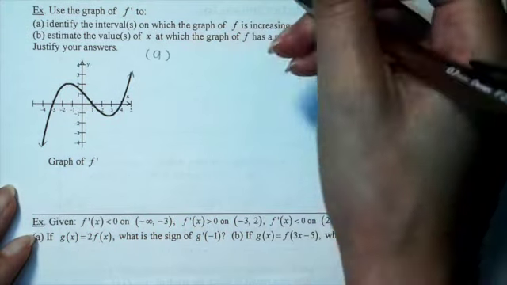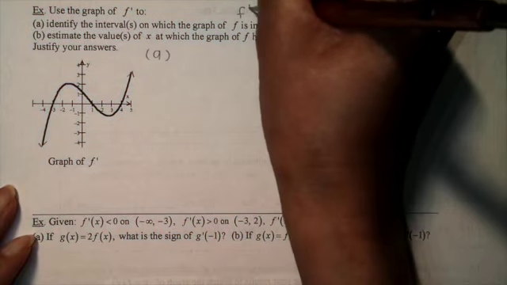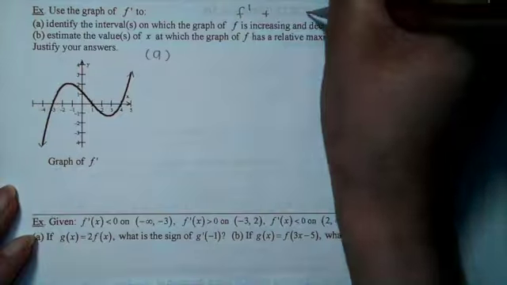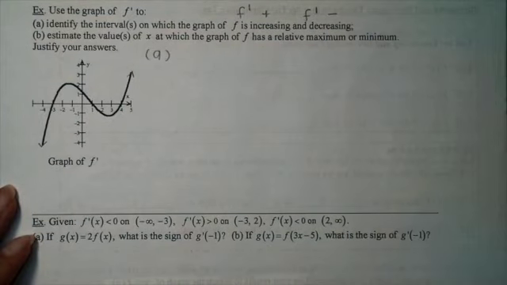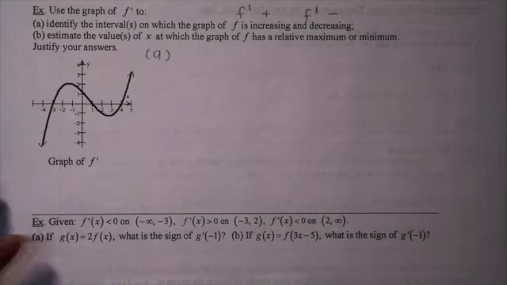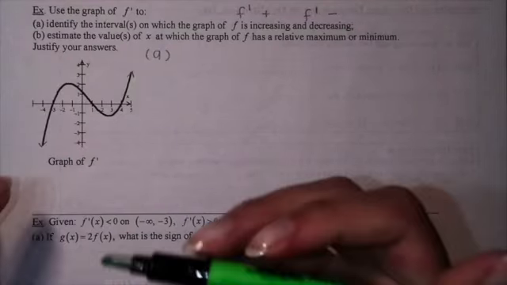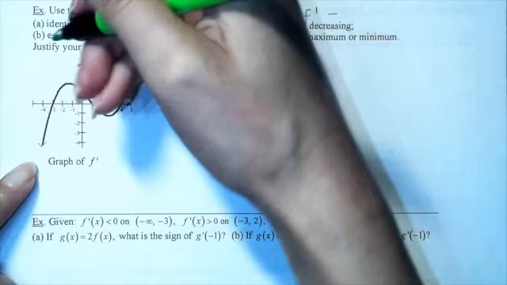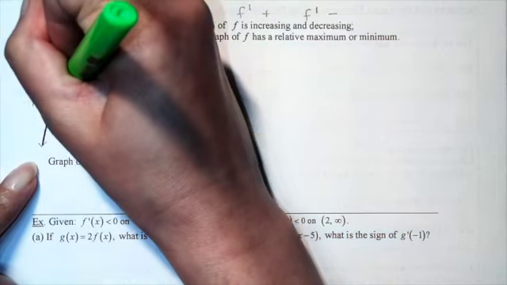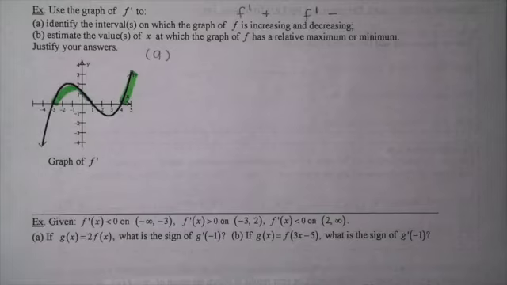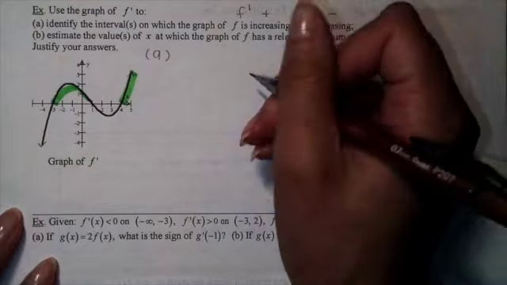You know that for increasing, f prime needs to be positive, and for decreasing, f prime needs to be negative. So what you can see here, let me get a highlighter, is that your f prime is positive above the x-axis. So it's going to be positive here and here. Do you agree with that? So that's the first thing that you see.